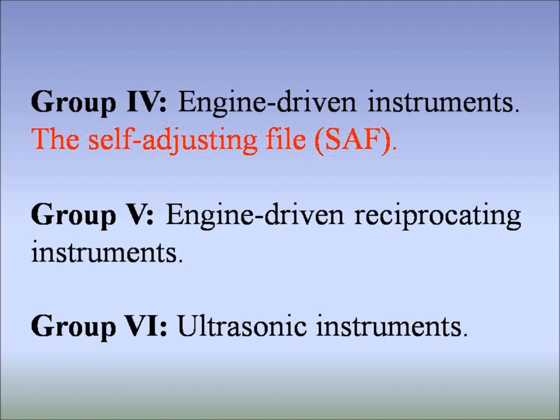Group 4, engine-driven instruments that adapt themselves three-dimensionally to the shape of the root canal. Like other nickel titanium instruments, they adapt to the shape of the root canal longitudinally, but additionally, they also adapt to the cross section of the root canal.